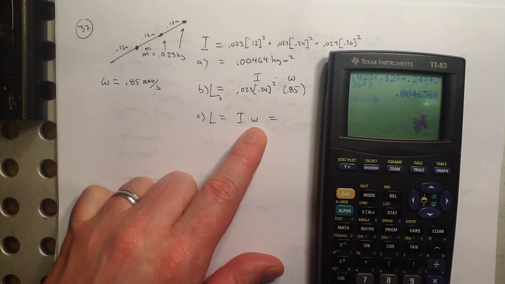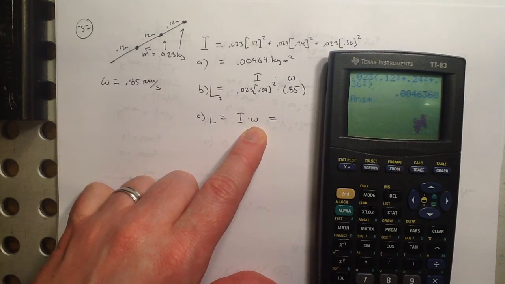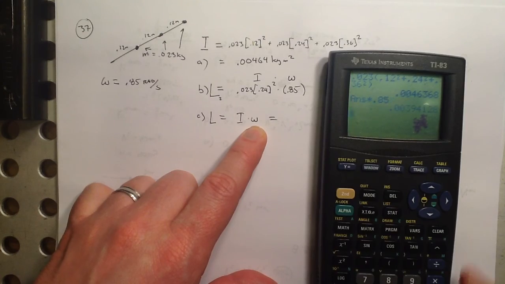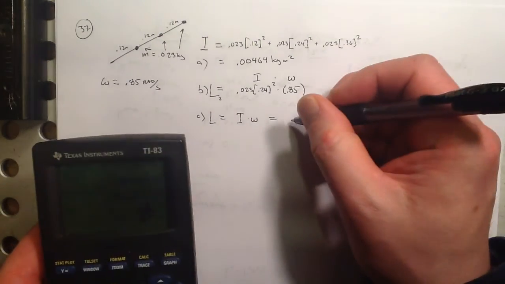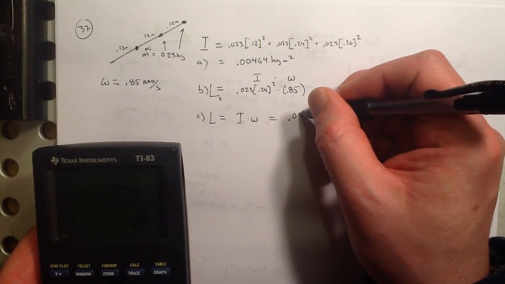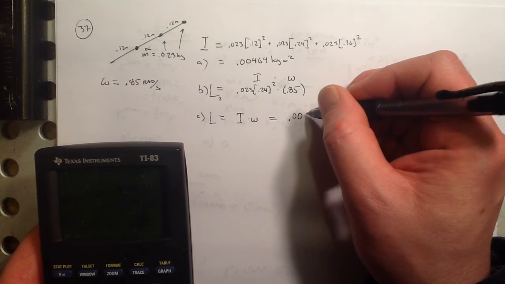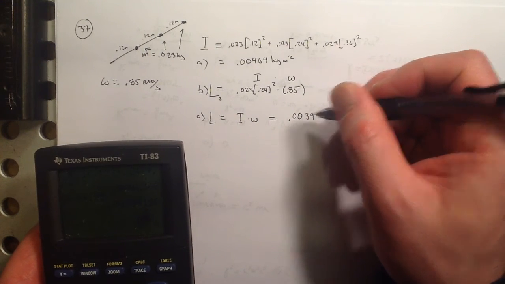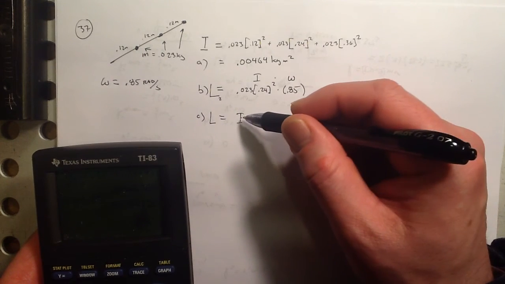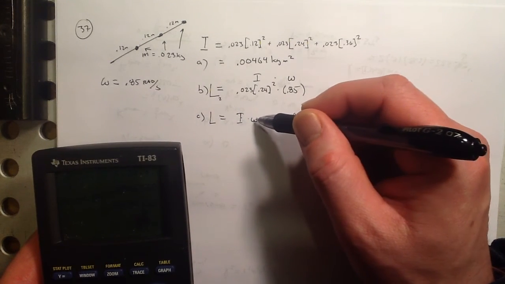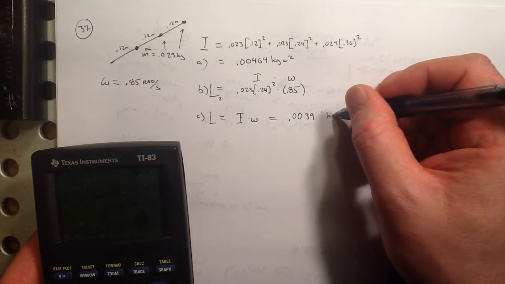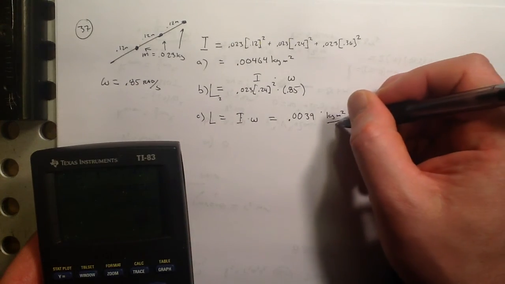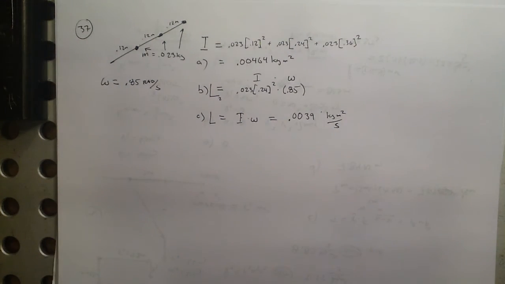So it'd be I times omega, 0.85, so that's about 0.0039, and then this is an I, which is kilogram meter squared, times an omega, so kilogram meter squared per second, right? Notice that's the same units as when we do L, the small l, that is.